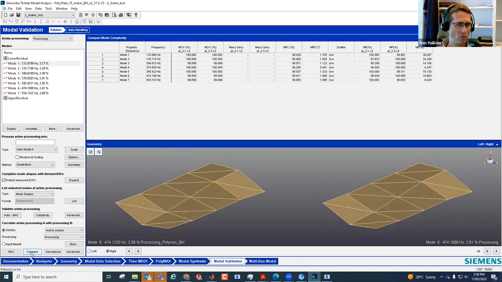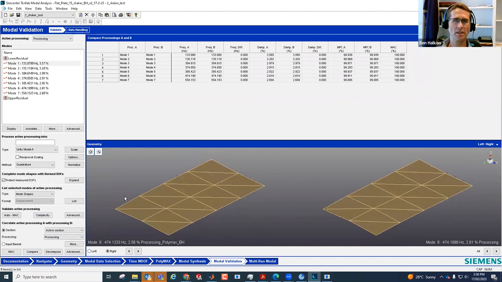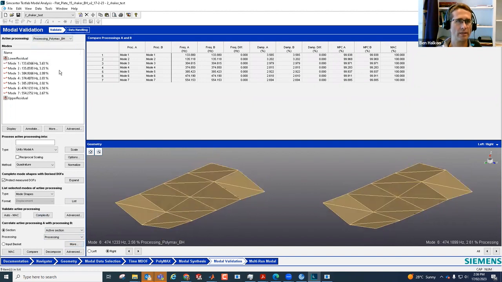And there are a whole range of other functionalities and features in here that we can make use of. In this case, we're now comparing the same thing with itself, so we get the same as if we'd done an AutoMAC.